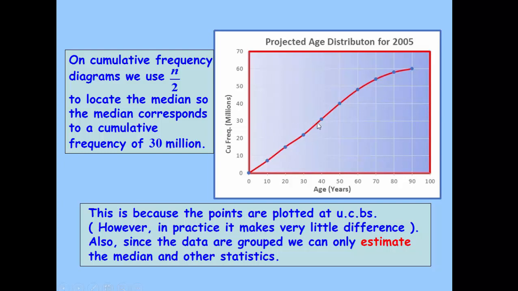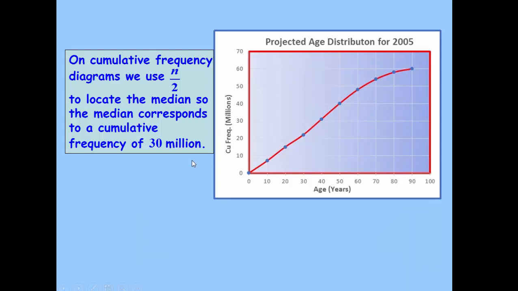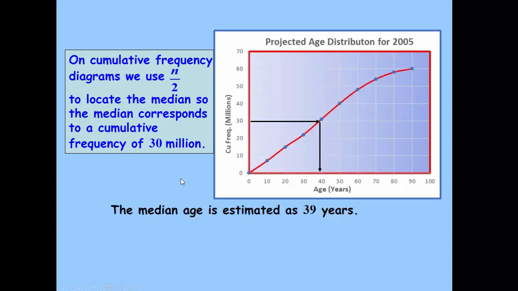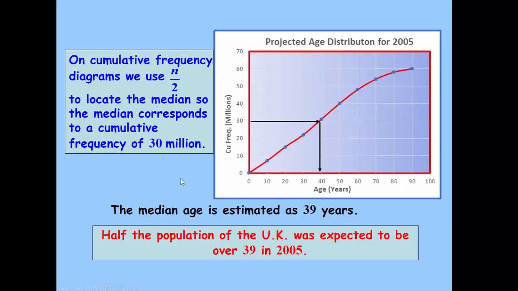So we'll estimate the median there by drawing across to there and then down to there, and then we make an estimation based on the curve for the median age, and we get 39 years. So in 2005 we expected half the population to be over 39.